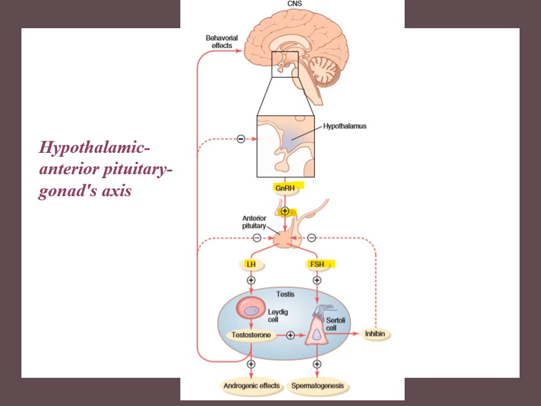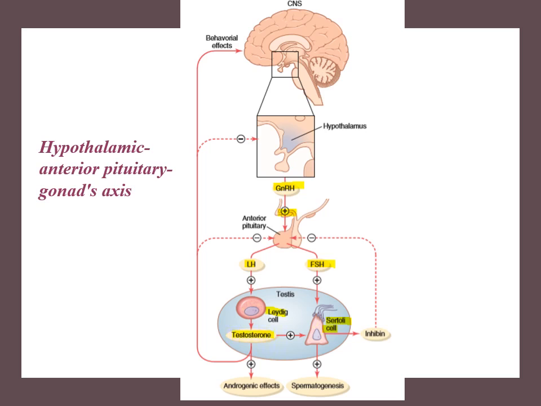As you can see here, Sertoli cells have receptors for follicle stimulating hormone, and the Leydig cells have receptors for luteinizing hormone. So luteinizing hormone will stimulate Leydig cells to produce testosterone.